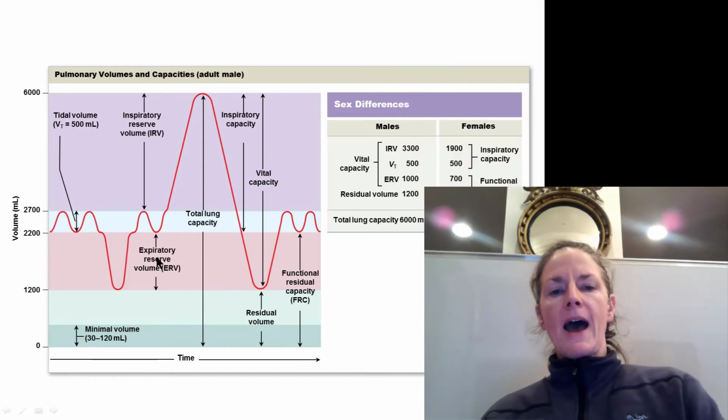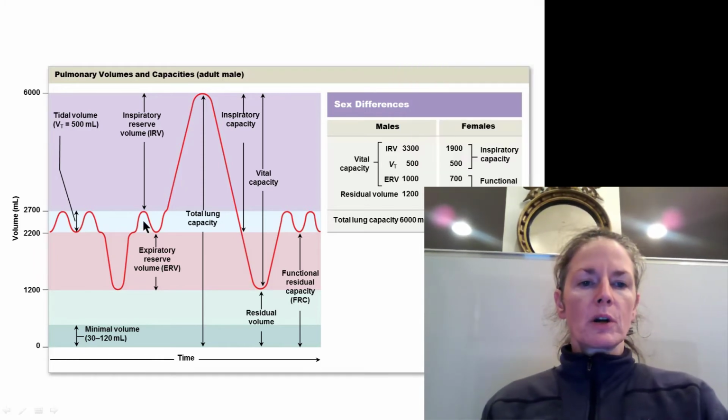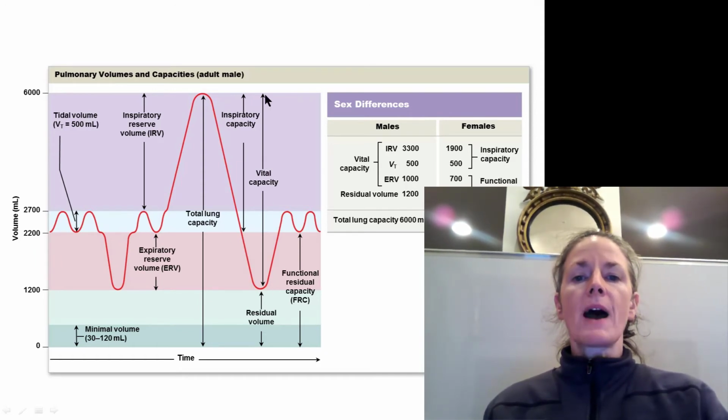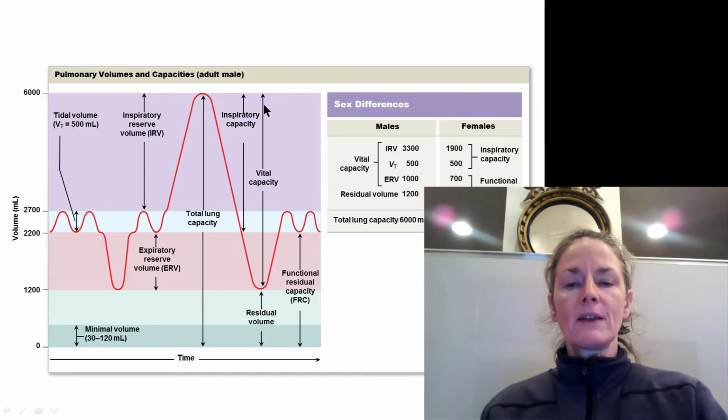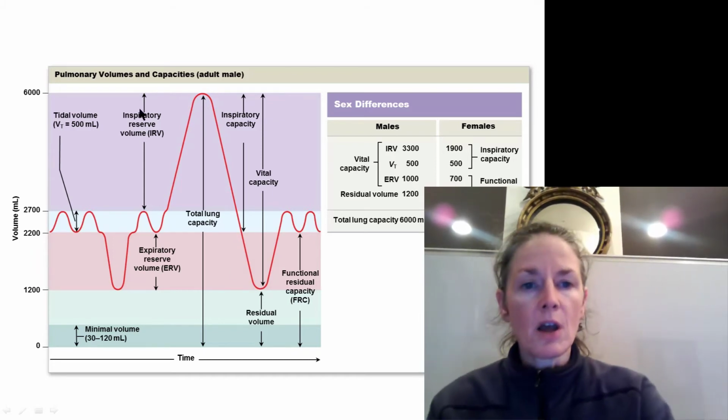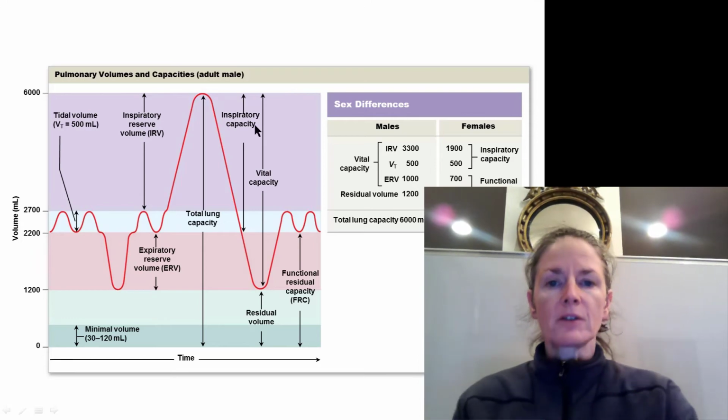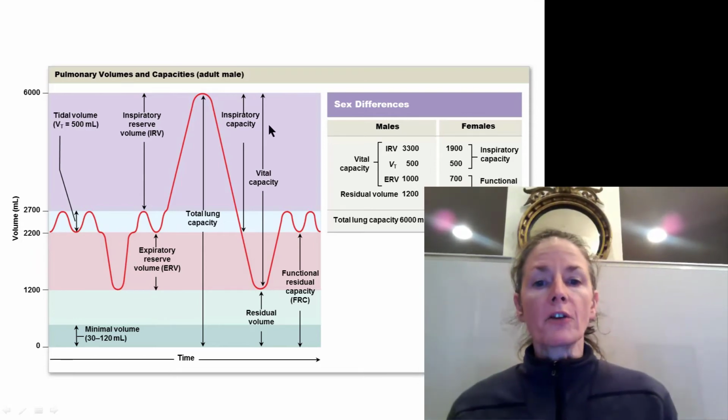So when we look at the inspiratory reserve volume plus the tidal volume plus the expiratory reserve volume, we call this the vital capacity. So this is basically going to be the addition of these 3 volumes because it is what you can move in and out of your lungs maximally.